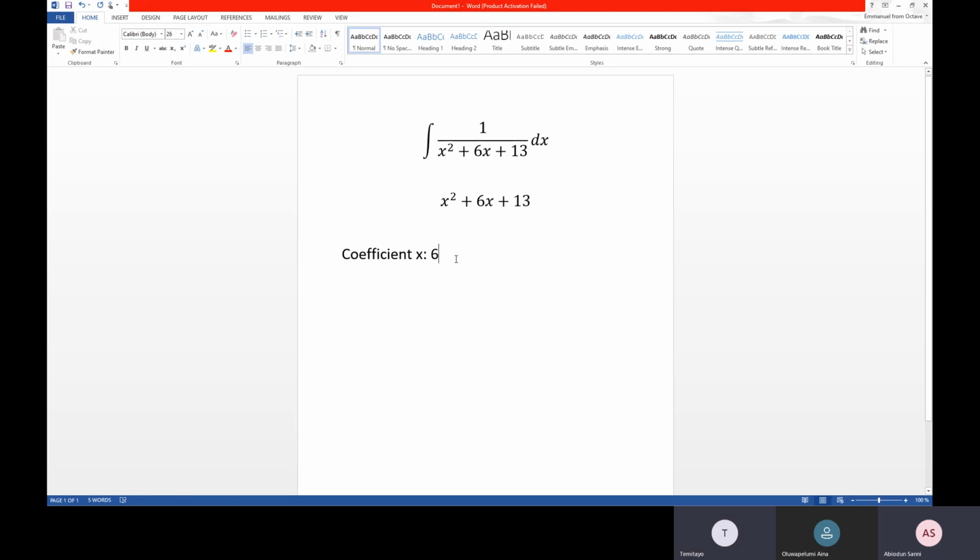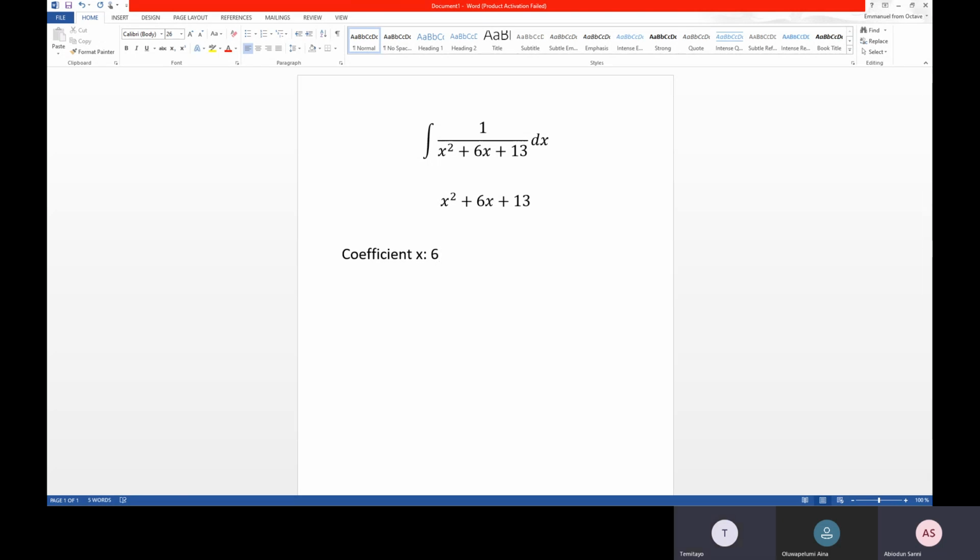Since the coefficient of x is 6, now divide it by 2. Before you move on to do this guy, check your numerator. Is it a constant? Yes, it's a constant. If it's a constant, fine, but you're still going to complete the square. So let's first do the complete square.